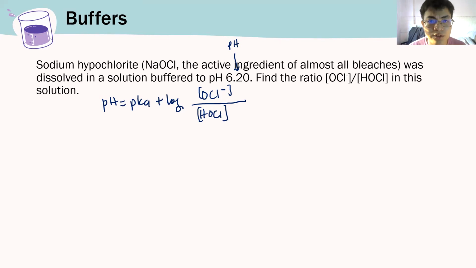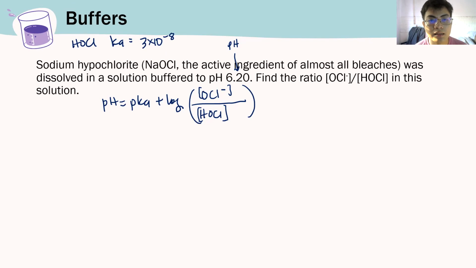When I looked at the list of Ka values, the Ka for HOCl, which comes from that table, is 3 times 10 raised to negative 8. So given all that, what we are looking for is this ratio.